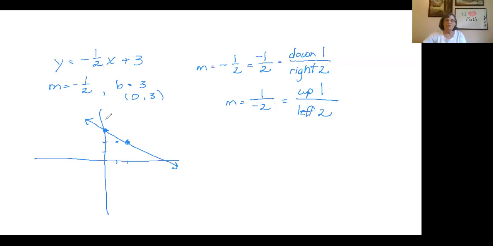So if I were here and I went up 1, this was straight, and then 2 to the left, I would be back on the same line. So I could either go down 1, 2 to the right, or I could go up 1, 2 to the left, and it'll still mark out the line.